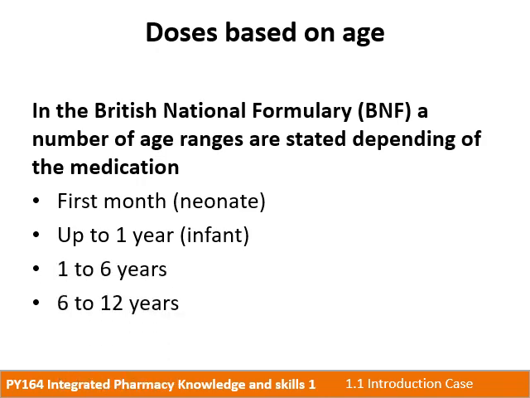And then there are 2 distinct ages for development, between 1 and 6 and between 6 and 12 years. In terms of medication, 12 years is seen as the boundary between child and adult.